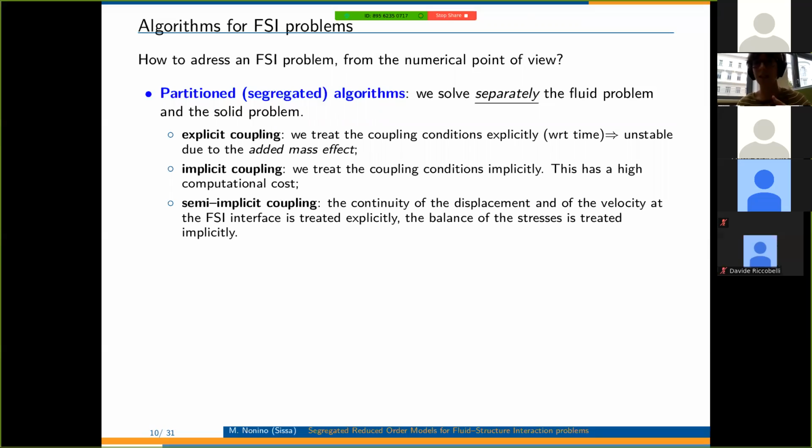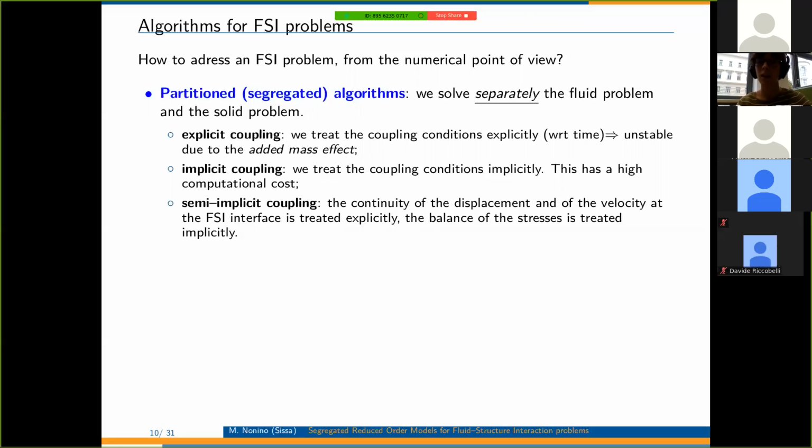We have the explicit partitioned algorithms, where we treat explicitly with respect to time the coupling conditions. These kinds of algorithms turn out to be unstable under certain conditions on the physical parameters of the fluid and of the solid, and on the geometrical configuration of the problem.